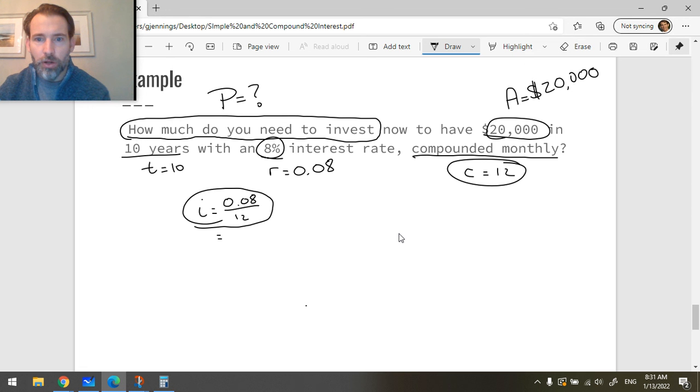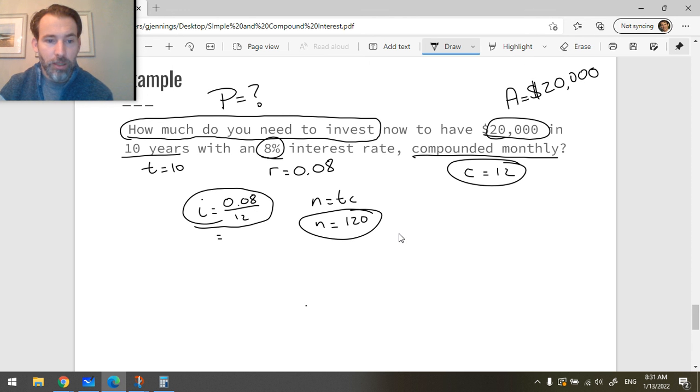And our number of compounding periods, this is equal to time times C. Okay, and so that's going to be equal to 10 times 12, which is 120. Okay, so now we can write down our formula. The amount is equal to the principal multiplied by 1 plus I, which is the rate divided by C, all raised to the power n.